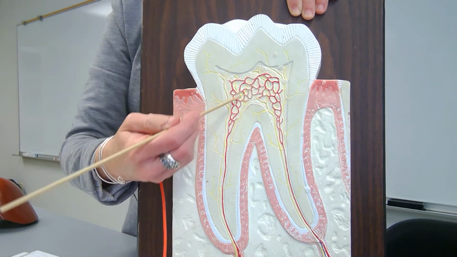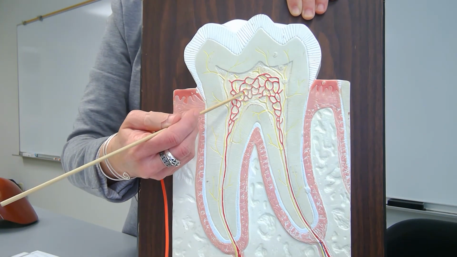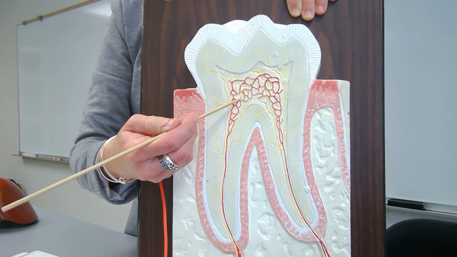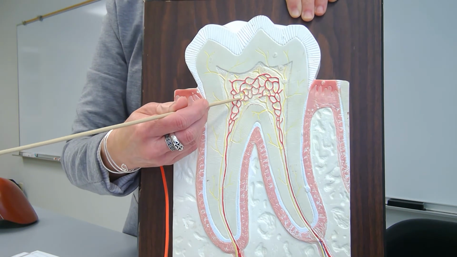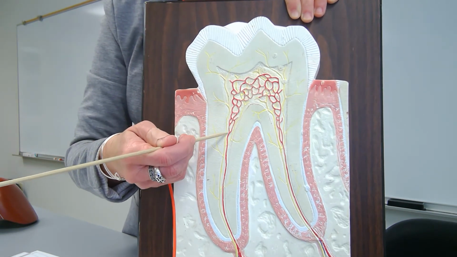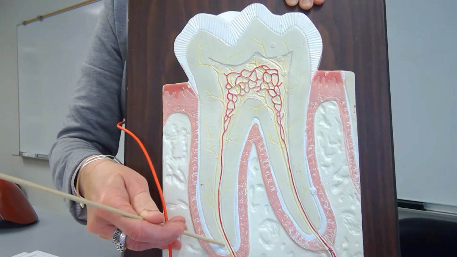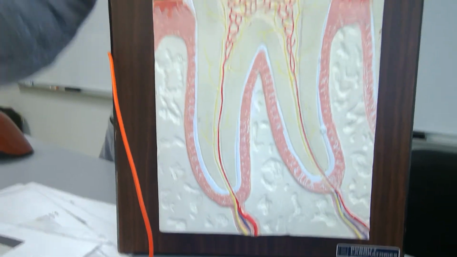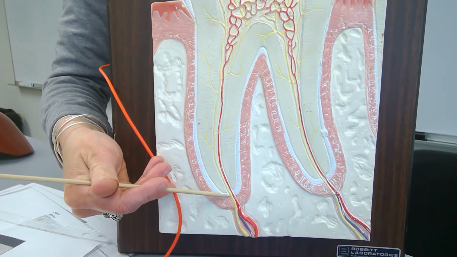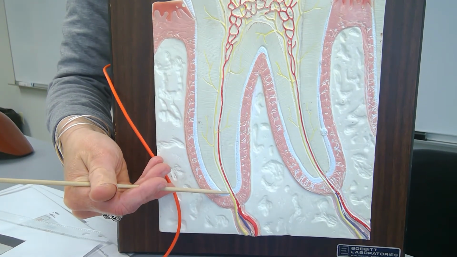In the center of the tooth, we have the pulp cavity, and that's going to have the blood vessels and the nerves. And we see that the blood vessels are penetrating the root canal. And here, this opening is called the apical foramen.